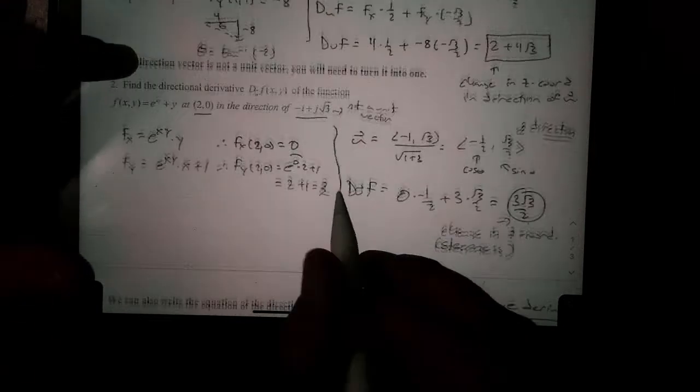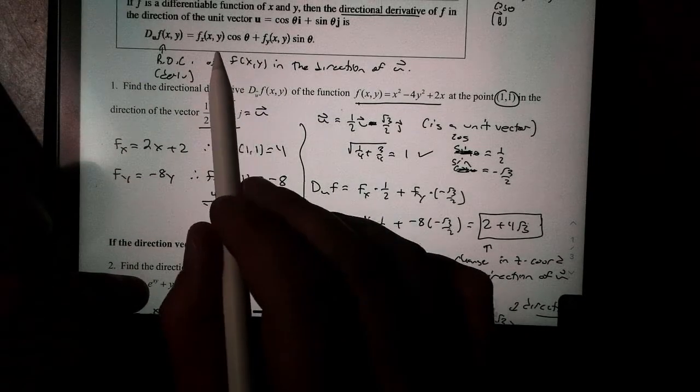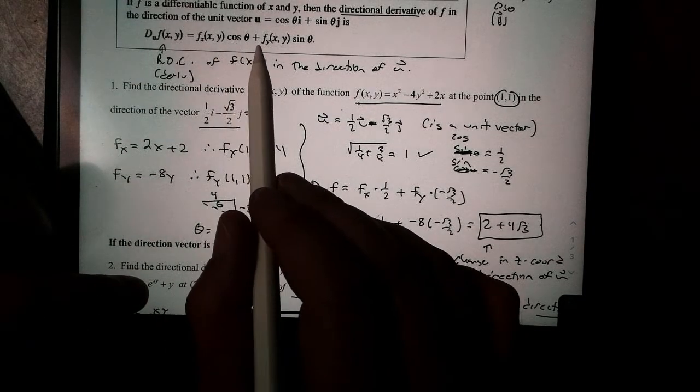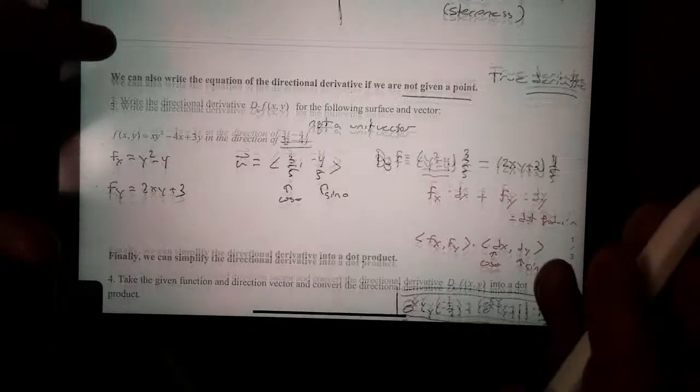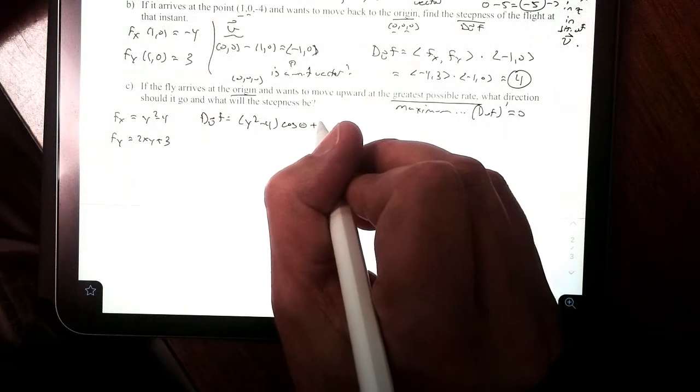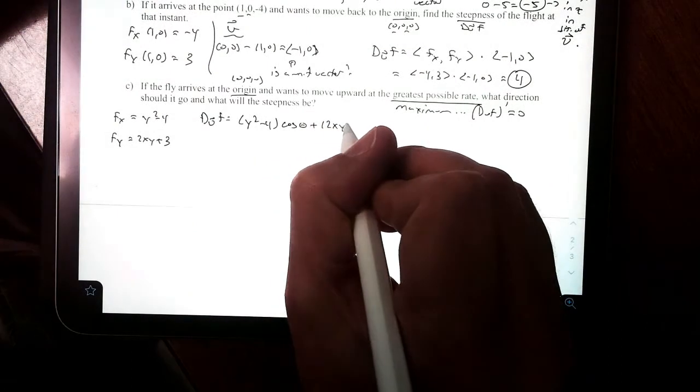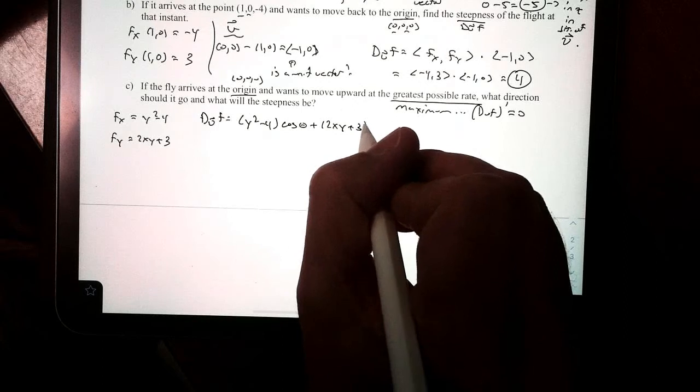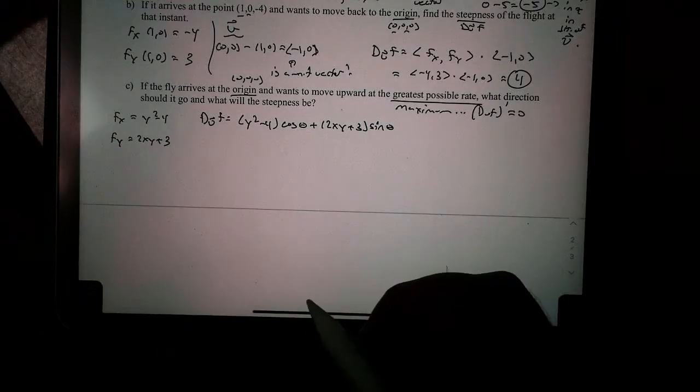Remember, that's my rule up here. The partial with respect to x times cosine theta plus the partial with respect to y times the sine of theta. So that becomes plus (2xy plus 3) times the sine of theta.